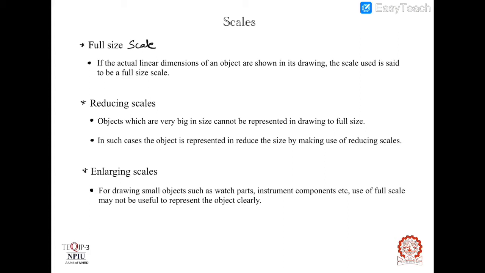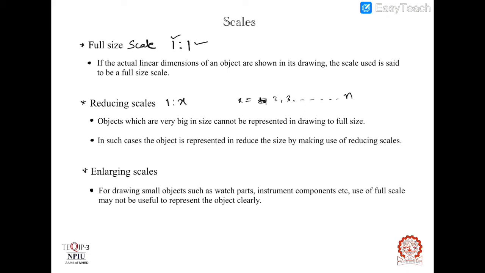Full size scales are represented by 1:1, meaning 1 unit of the object is represented on the drawing by 1 unit, and reducing scales are represented by 1:x, where x may be any value, 2, 3, any value.